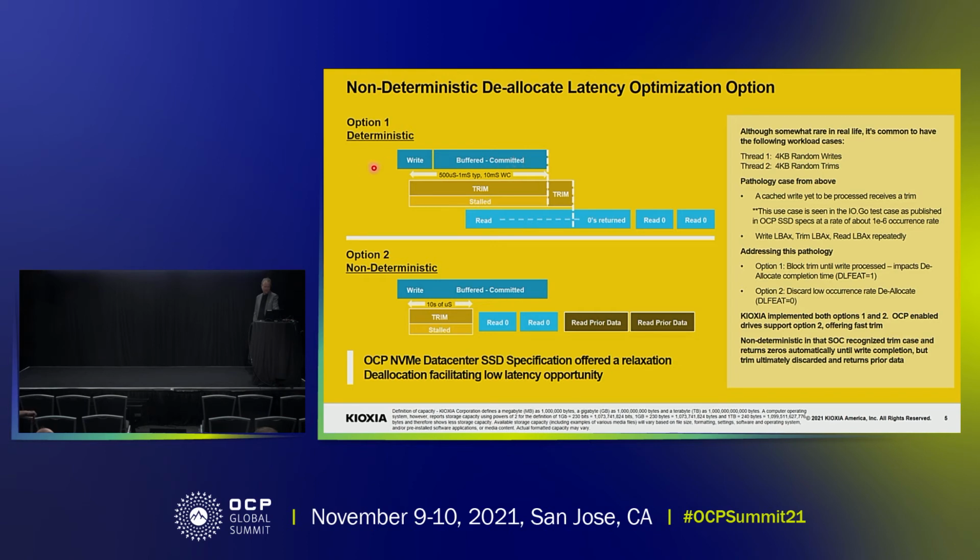And this would increase the trim command latencies. And then if a read happened to come in, we would actually stall the read, and then we would return zeros in a deterministic way. We experimented with and had a discussion with the hyperscalers, and they said their spec supports this: if we recognize that we have a buffered write command, rather than just stalling the trim, we just drop the trims on the conflicting writes.